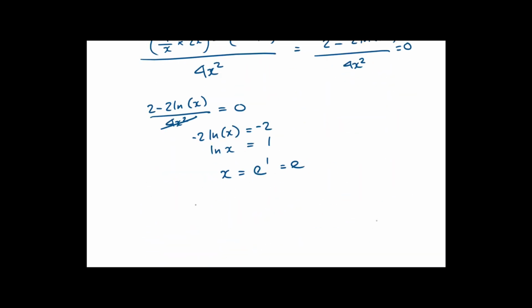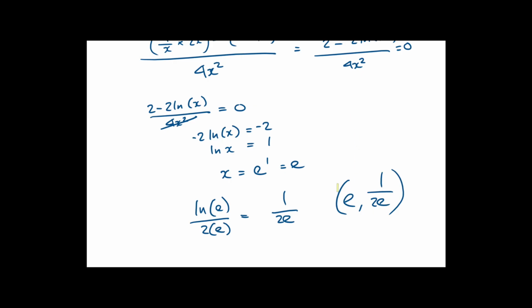So the natural log of e over 2e. Natural log of e is 1, so 1 over 2e. So our turning point is going to be e comma 1 over 2e. And that's our final answer.